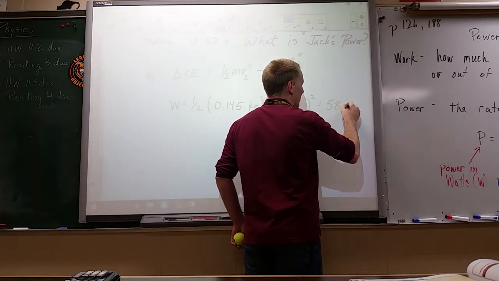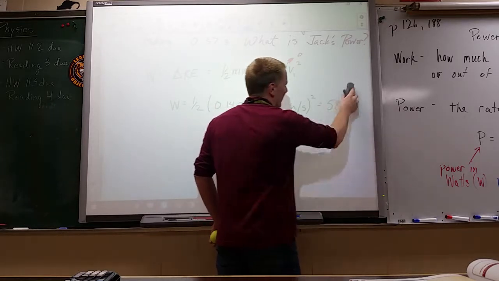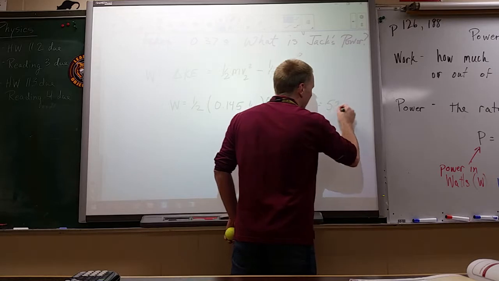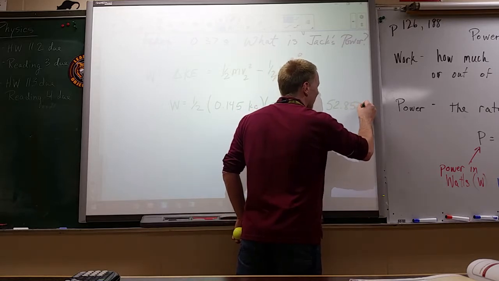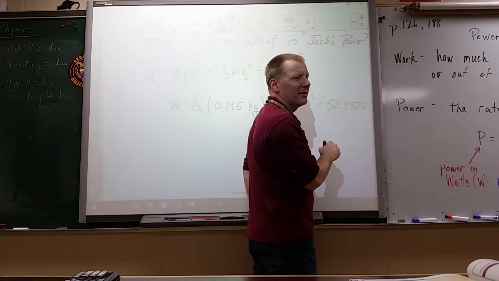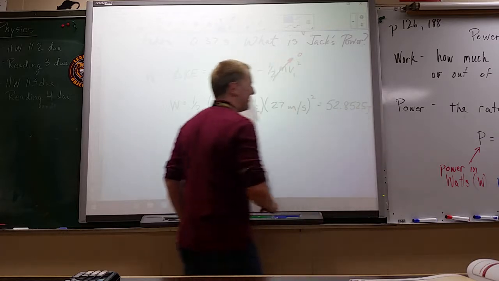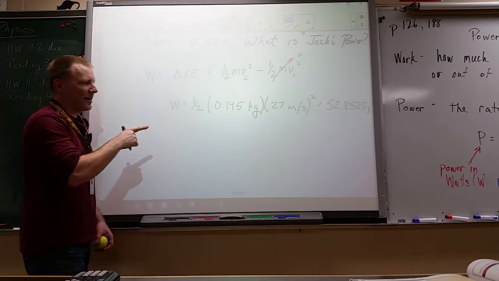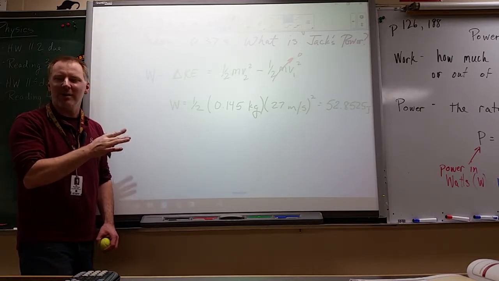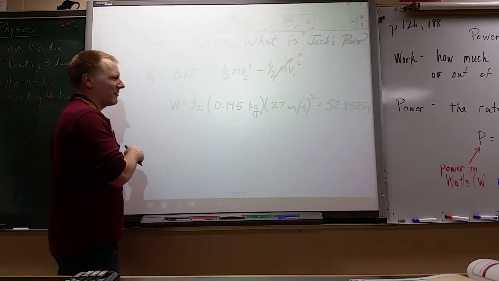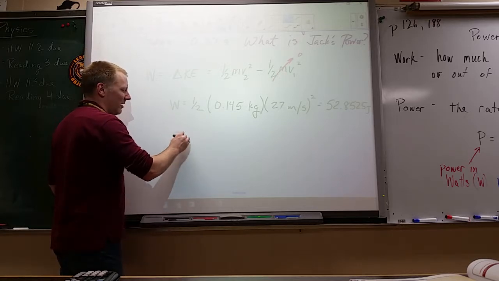52.8525. And then you divide it by 0.37. Units per second. Keep the extra digits. Normally I wouldn't have you do that, but Schoology is not smart enough to not do it, so we keep them.